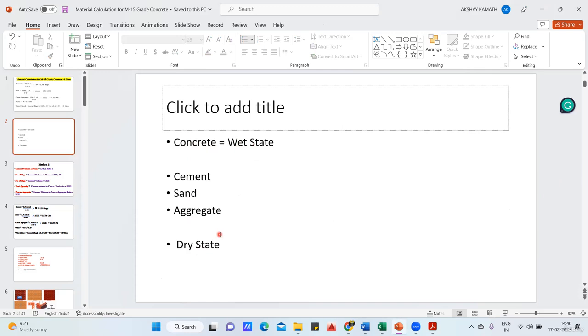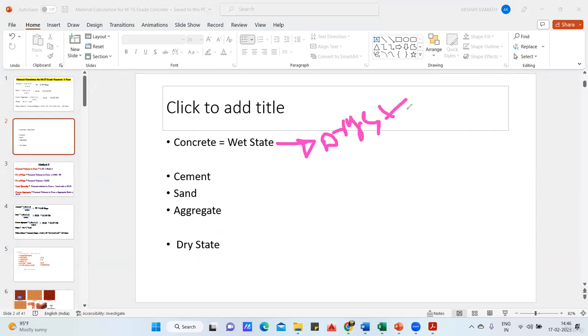People have done a lot of research in the past, and they have seen that whenever you convert wet into dry state, almost 54% of the volume is going to increase.